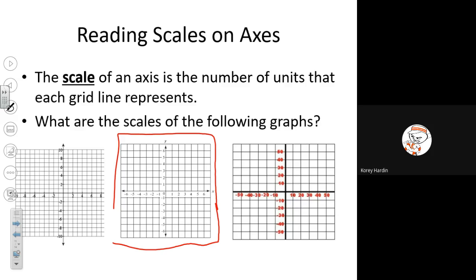Okay. 1, 2, 3, 4, 5, negative 1, 2, 3, 4, 5, 1, 2, 3, 4, 5 up on the y-axis, negative 1, 2, 3, 4, 5 down on the y-axis, okay? But on the left, it looks like I'm counting by twos, okay? But just like the question a second ago, I could actually label, if I had something other than a smartboard, I could label in between those, okay?